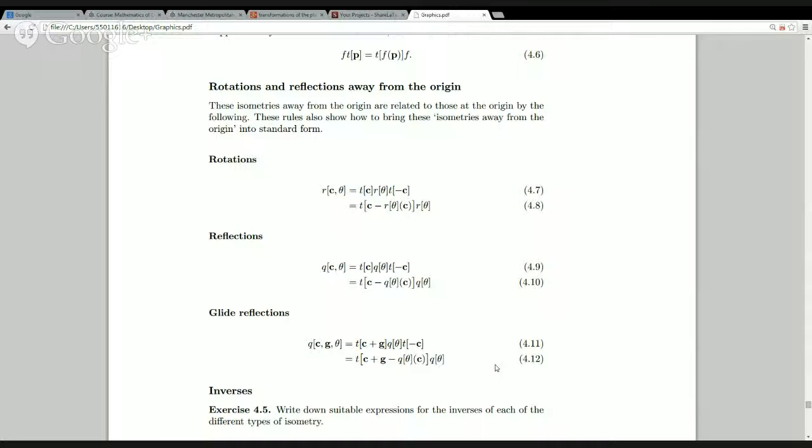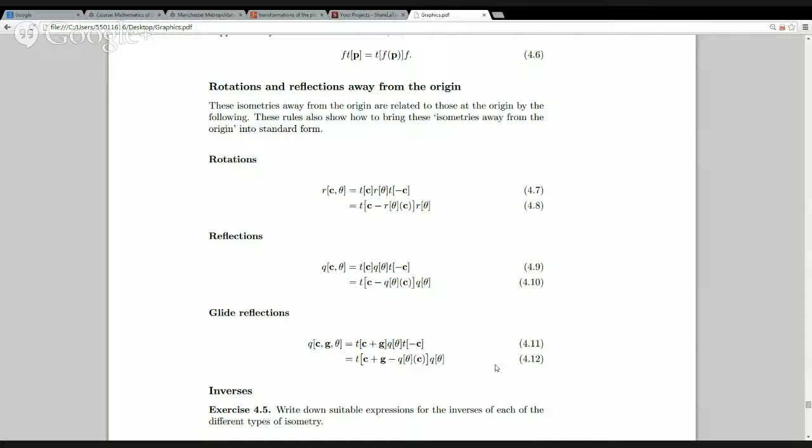And a glide reflection, well, if you think what happens by glide reflection, you reflect a point first, and then you glide it by a certain amount. So x is reflected in the line and then glided by a certain amount.